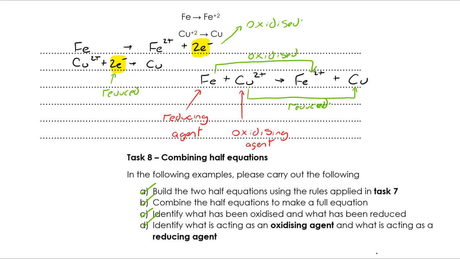And an oxidizing agent is itself reduced, but when we talk about an oxidizing agent, rather than say gain electrons, we say it will accept electrons. And the idea of donation and acceptance gives us the idea that they are acting on something else.